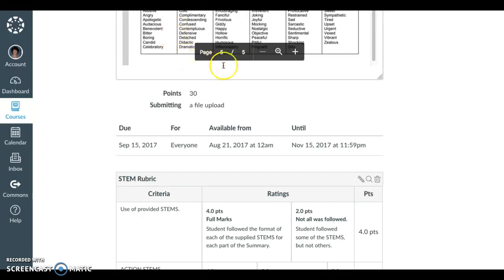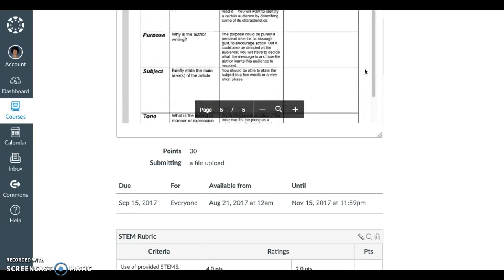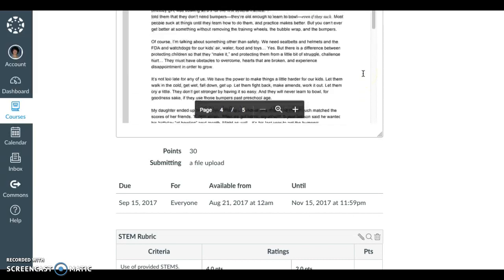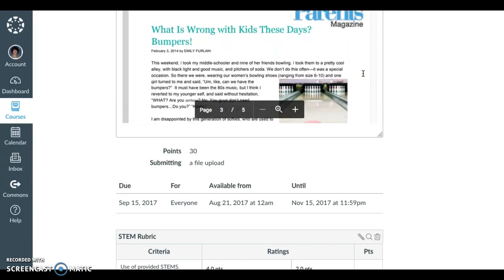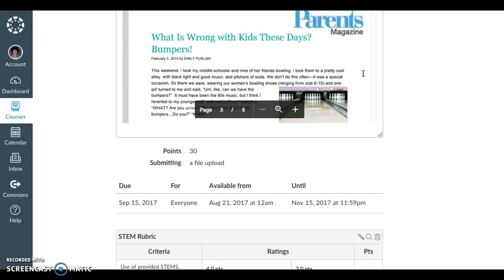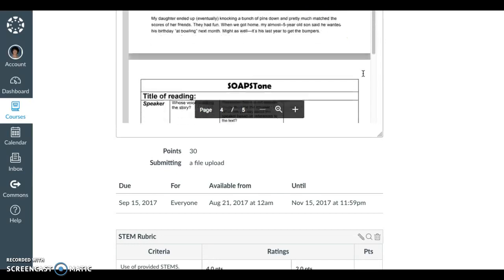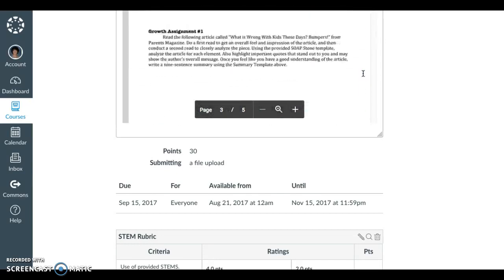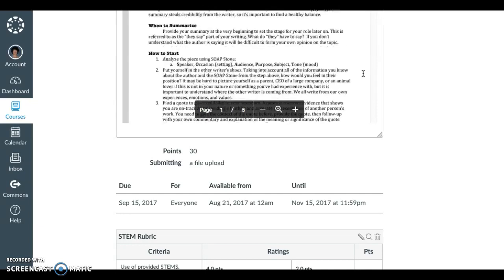So it's a really good idea to have some of these words in your vocabulary so they come easily when you're writing your final exam essay. It will be very similar to this essay. I'll give you a reading just like I have done here: "What Is Wrong with Kids These Days," from Parents Magazine. And you'll read this, and then we're going to go back up here.